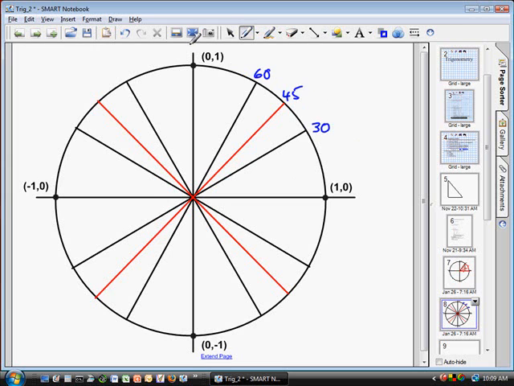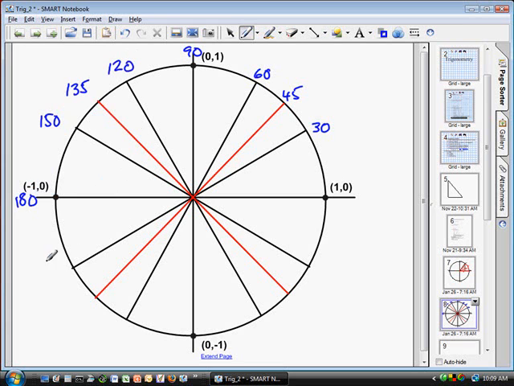45. Of course, we know what this is up here. This is 90. By the way, I'm only going to show these numbers briefly because we really need to get into radians. Then over here, here's 180, and we're 30 degrees up, so this has got to be 150. This has got to be 135. And 90 plus 30, this has got to be 120.